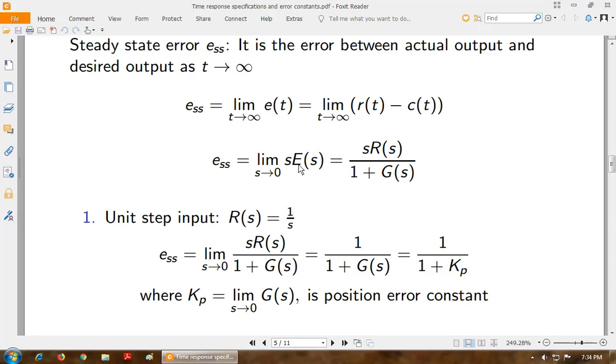It can be simplified into S times E(S), which is the Laplace form, and then this becomes S times R(s) upon 1 plus G(s).